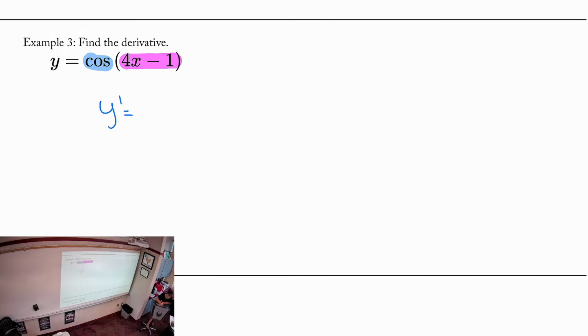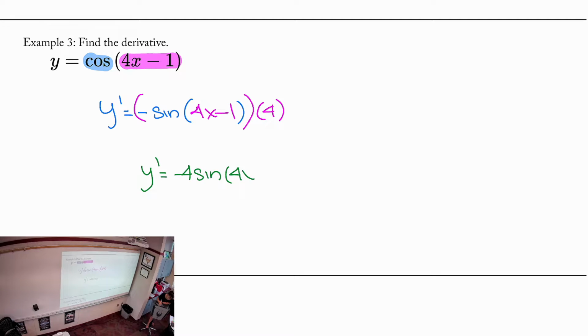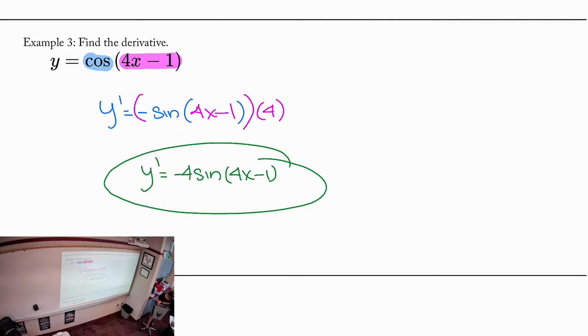So y prime is derivative of cosine, which is negative sine of 4x minus 1, and then the derivative of 4x minus 1 is 4. So y prime is negative 4 sine of 4x minus 1.